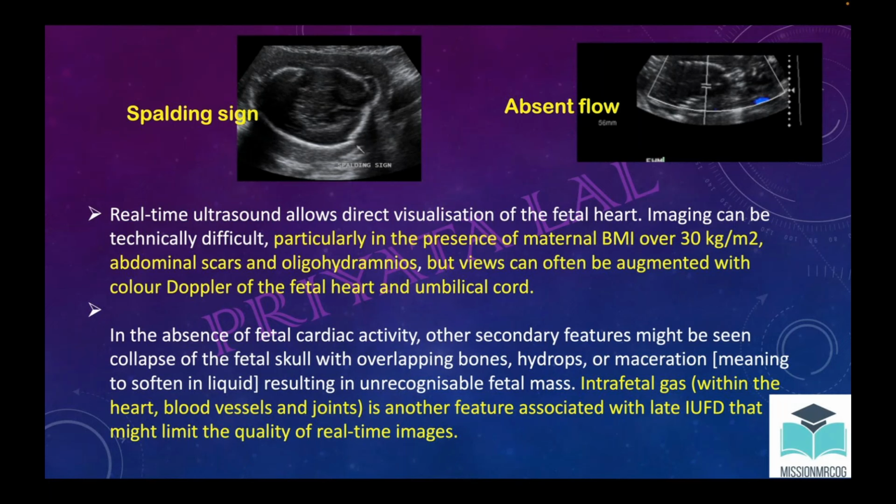Sometimes intrafetal gases are there in the joints, blood, heart. They limit the quality of the real-time images. Because of these features, if you put a color Doppler, then in that situation there would be no difficulty or confusion in the diagnosis.